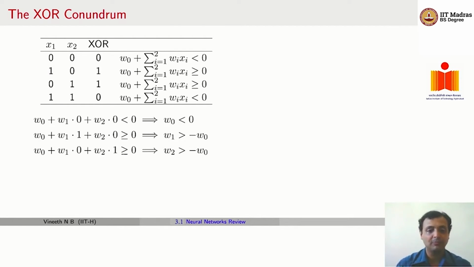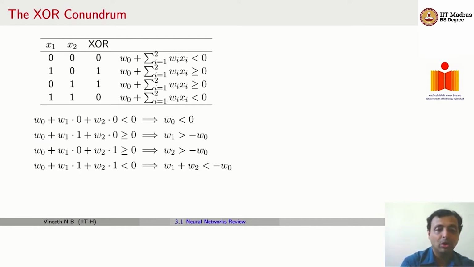Since W0 is less than 0, W1 would be a positive quantity greater than the absolute value of W0. Similarly, the third line in the truth table would get you W2 to be greater than negative W0. And the final line would show that W0 plus W1 plus W2 should be less than 0, or W1 plus W2 must be less than minus W0.